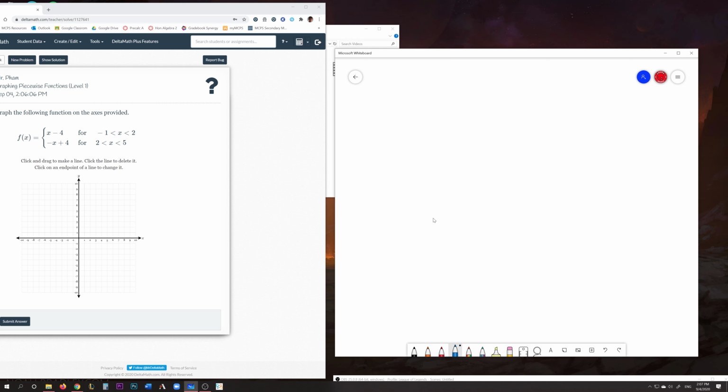So for the first piece, we have f of x is x minus 4. So the endpoints will be at when x is -1 and when x is at 2. So because there is no equal sign, it's going to be an open endpoint.